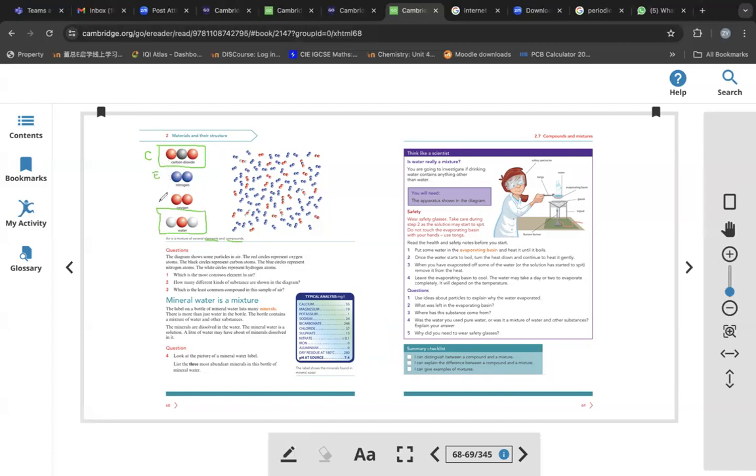Oxygen element. Water compound. Yeah. But all these are actually a mixture of everything. Why is it called a mixture? Because nitrogen and all these never form a bond. You can still isolate them. Understand what I mean? They are called a mixture. So it's a mixture of four different things.